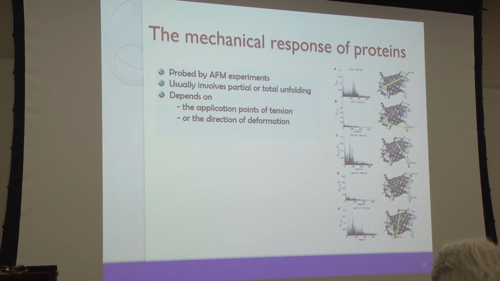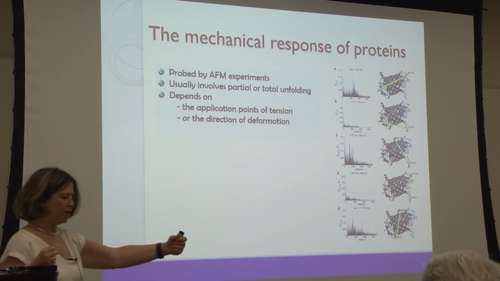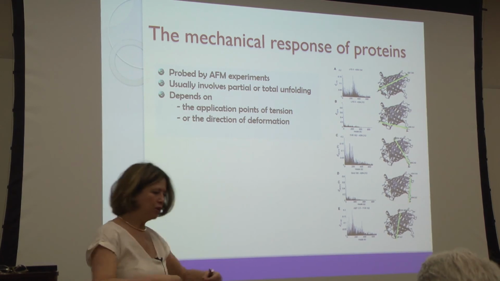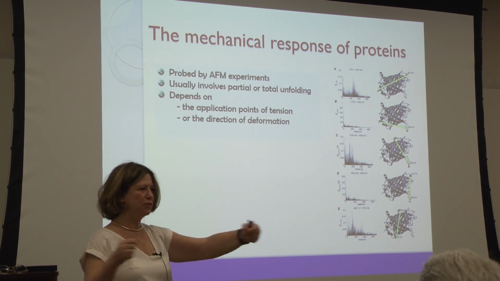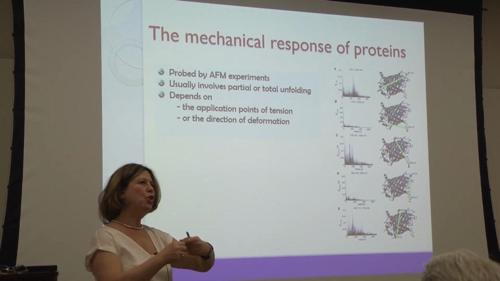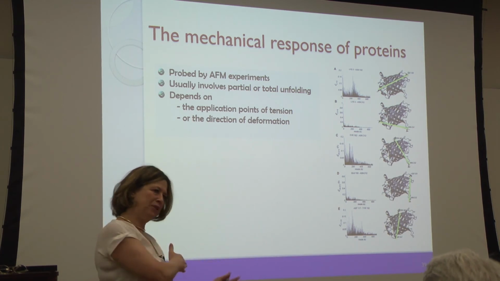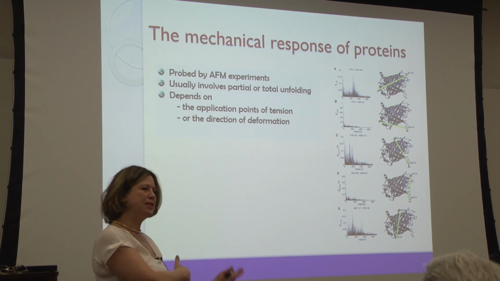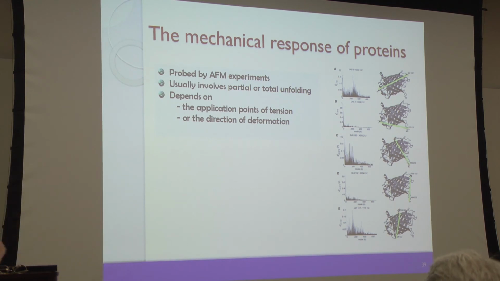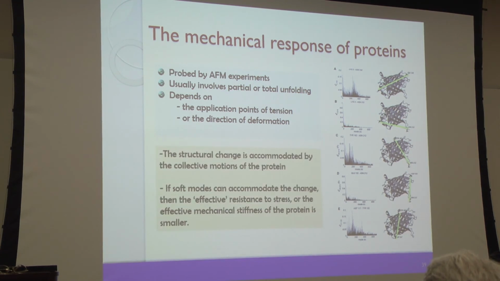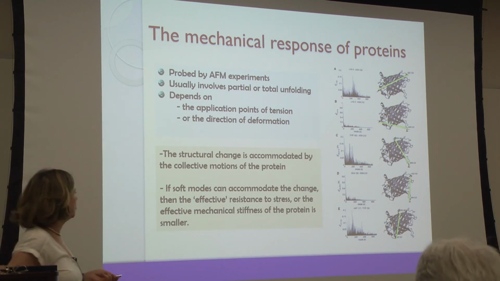And we wanted to see how much each mode contributes to the deformation of a given pair of residues. Those that are being deformed with the help of slow modes will be easier than others. So that is what I have explained in words.